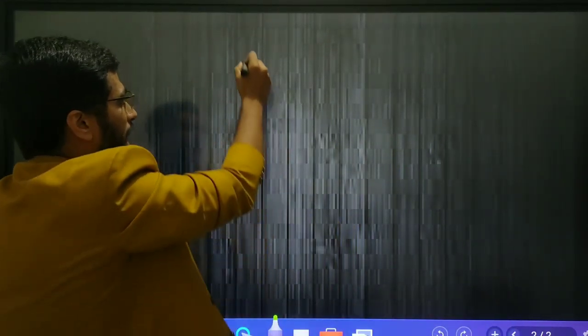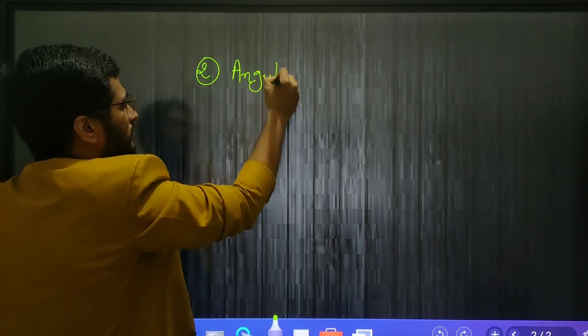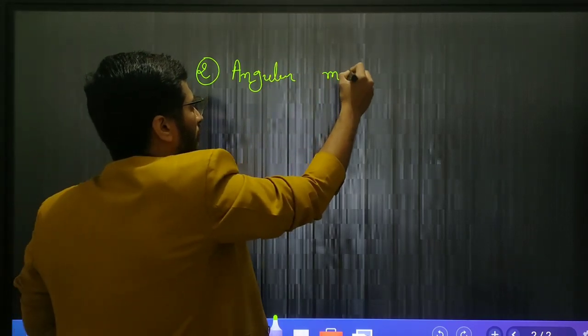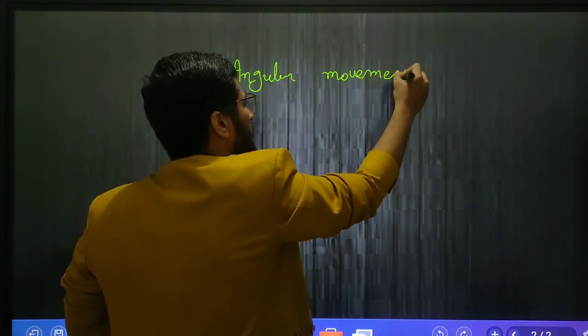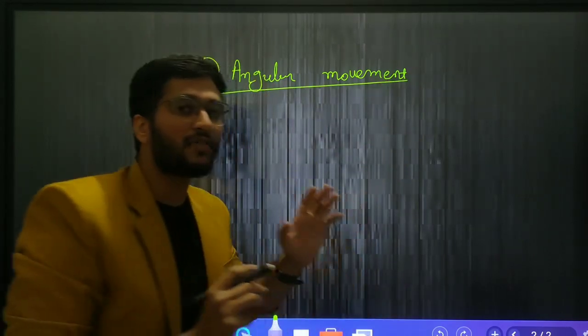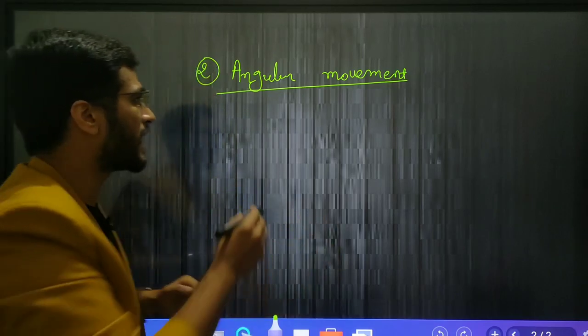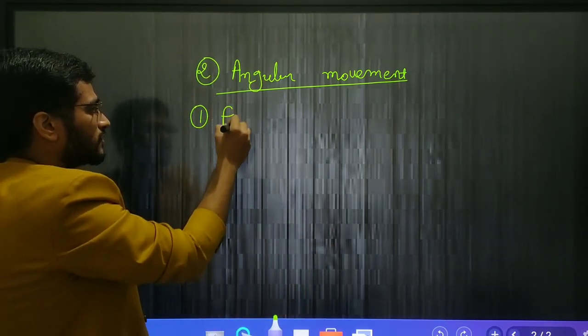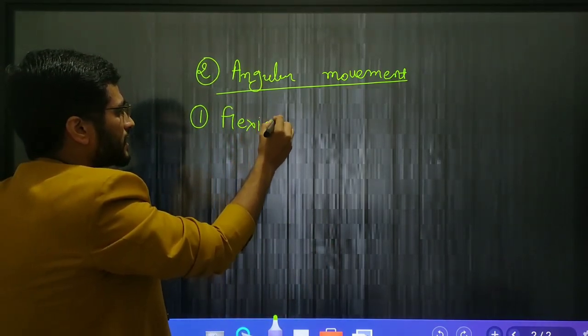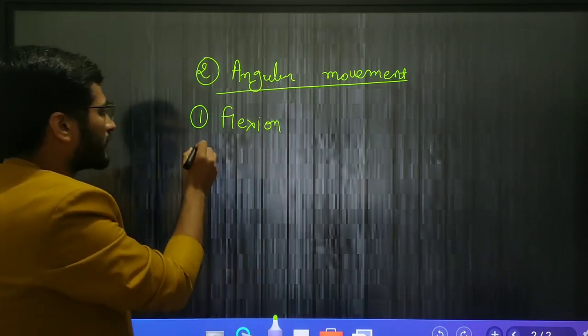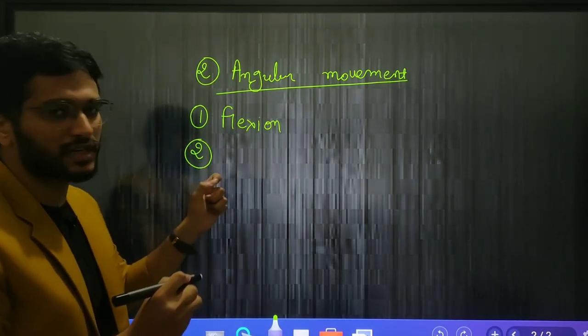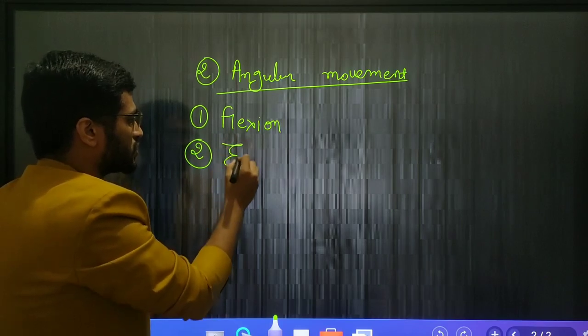Let's see the second type of movement, which is the angular movement. Angular movements are those in which the angle of articulation, the angle of the joint, is changed, and one of them is flexion. Let us understand flexion first, and the opposite term is extension.